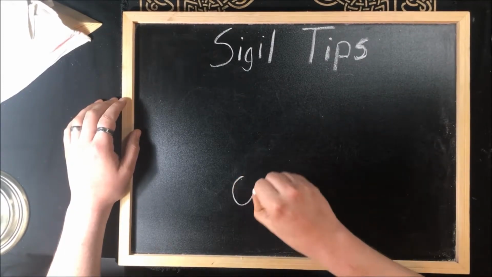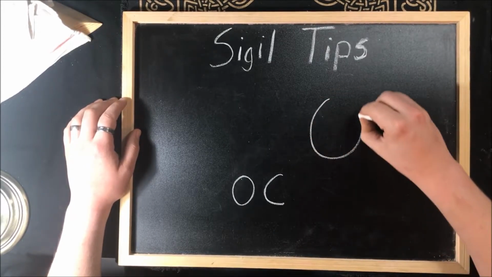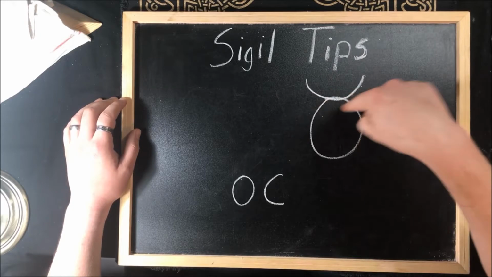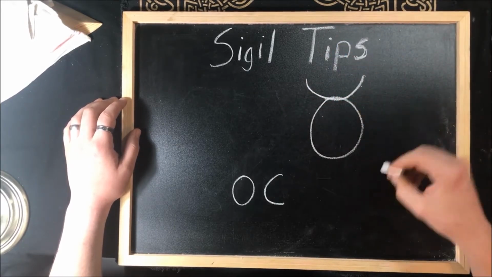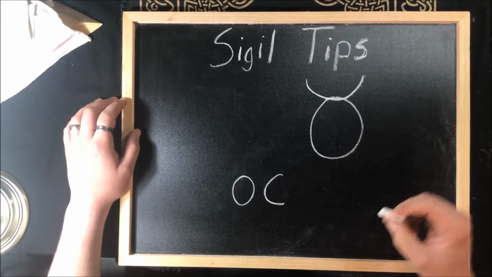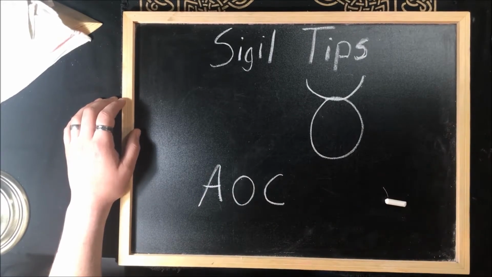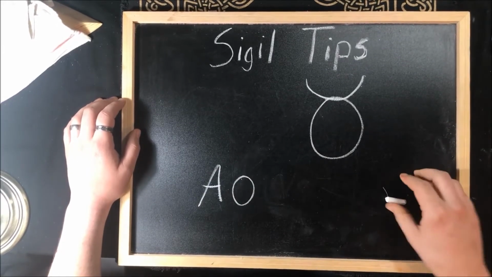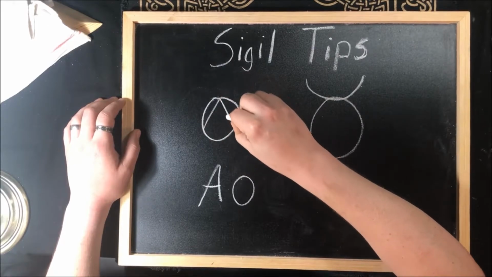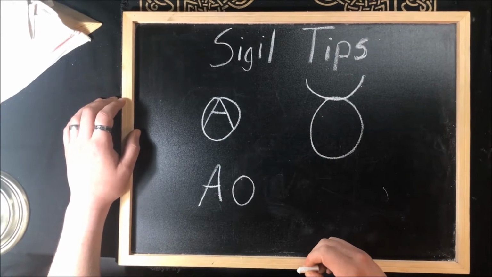So if you have an O and a C, there's your O and your C. It's sideways, but you can create the horned god symbol from an O and a C. And if you had an O and an A, you can do that.